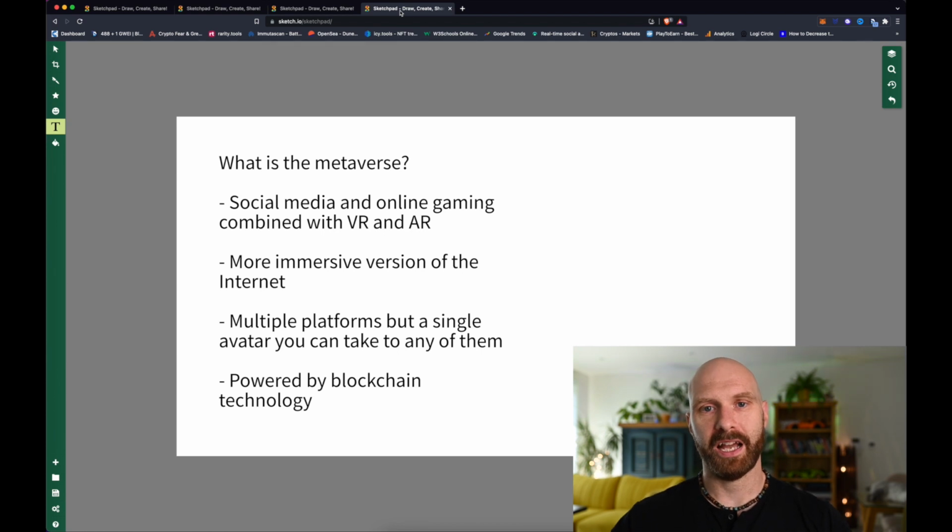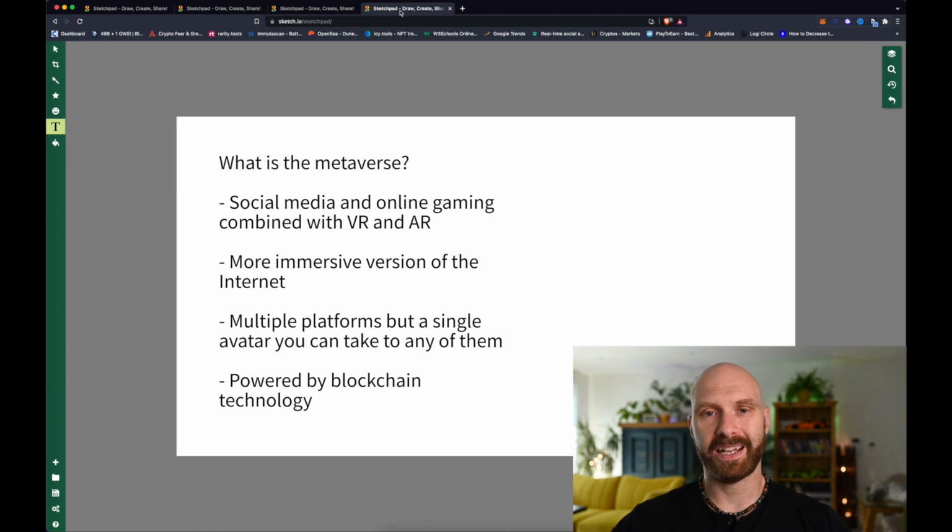Rather than having to log in separately to all of those platforms and have a different identity in all of them, you could create your one online identity and move that identity between those different platforms. And those platforms will be further enhanced, made more immersive by the use of AR or VR. That's, broadly speaking, the idea of the metaverse.